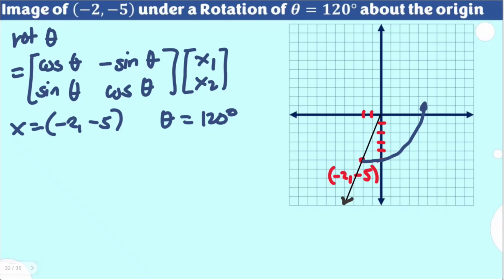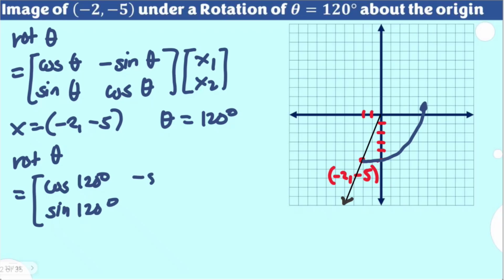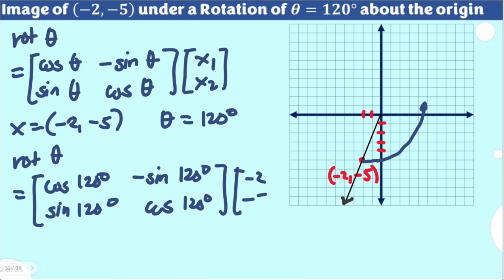So the formula is identified in this manner. You have cosine of 120 degrees, sine of 120 degrees, negative sine of 120 degrees, and cosine of 120 degrees, to be multiplied with negative 2 and negative 5.